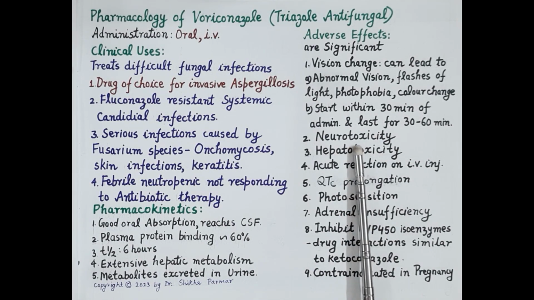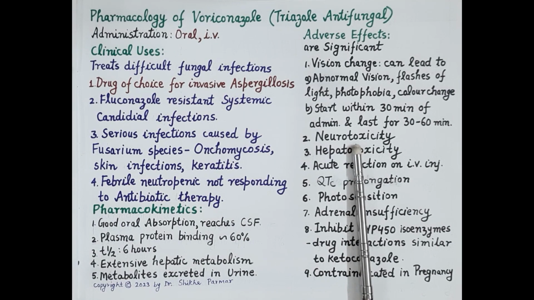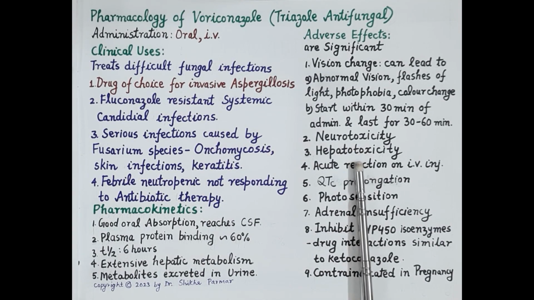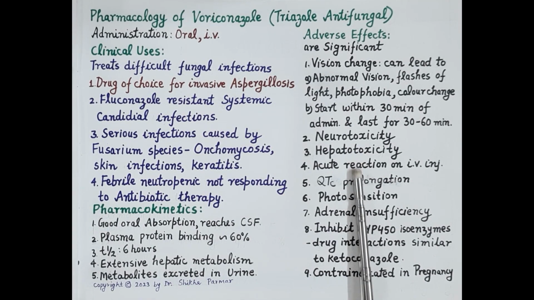Then voriconazole can also cause neurotoxicity, which can cause symptoms like visual hallucinations, confusion, agitation, etc. It is also hepatotoxic. It can cause acute reactions when it is given by IV, intravenous route. It can also cause QT prolongation, causing arrhythmias.